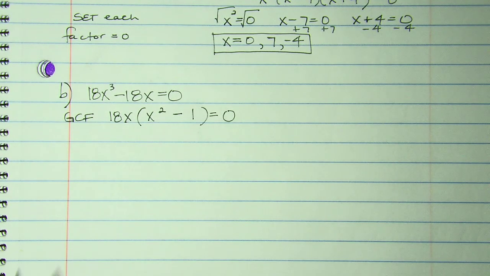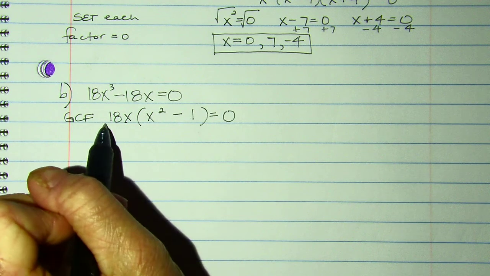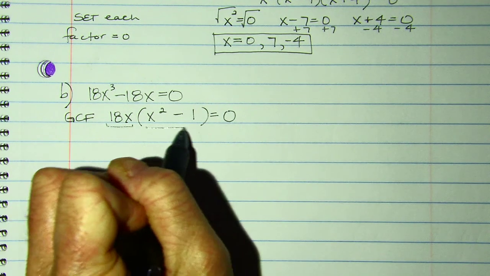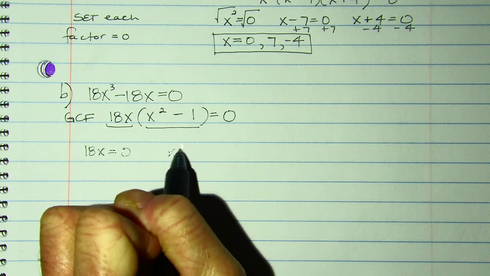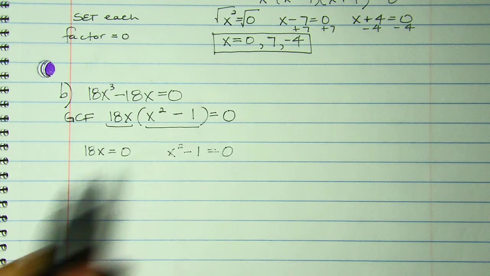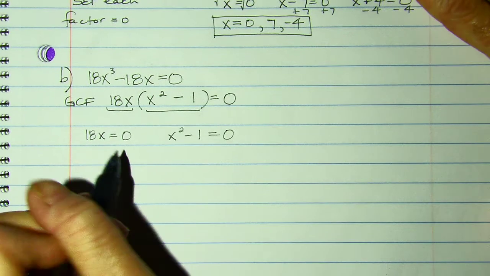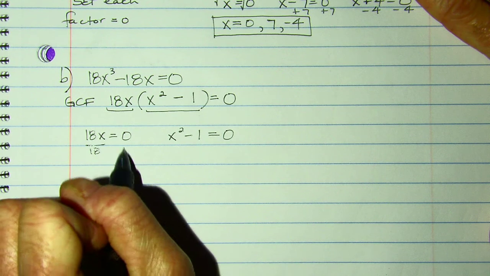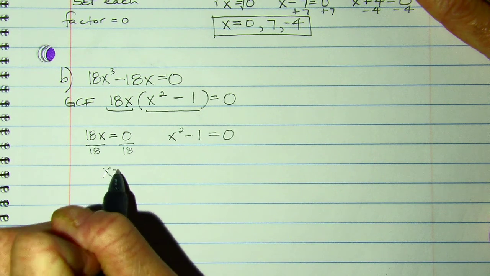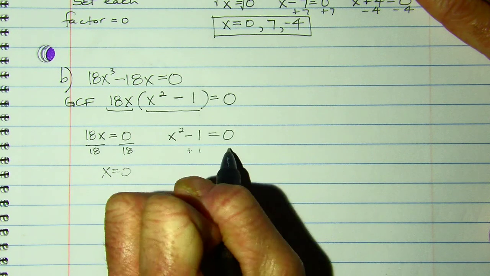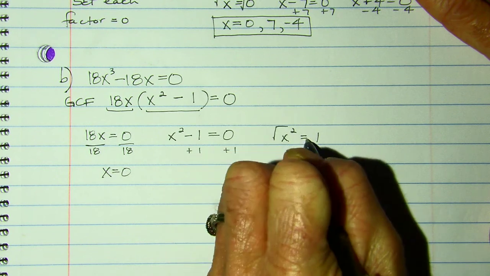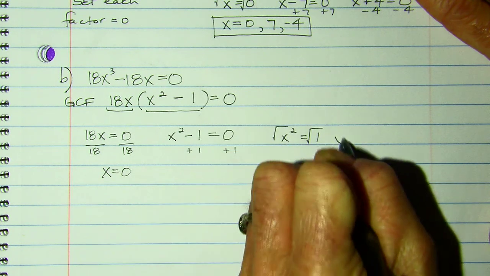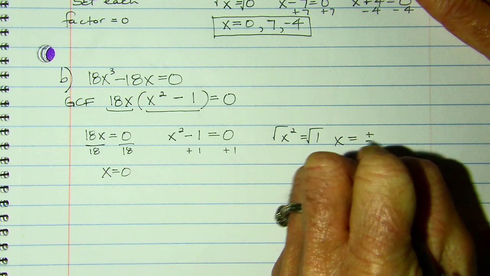We're going to do the same thing here. I'm going to set each of these factors equal to 0. So 18x equals 0, and x squared minus 1 equals 0. If I divide this one by 18, x equals 0. If I add 1, x squared equals 1, and then I'm going to take the square root, so x equals plus or minus 1.